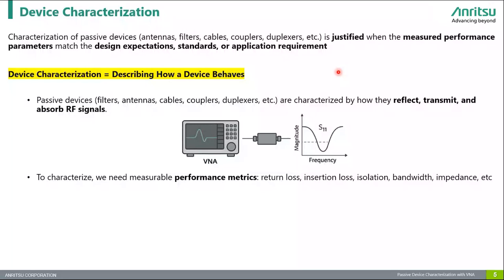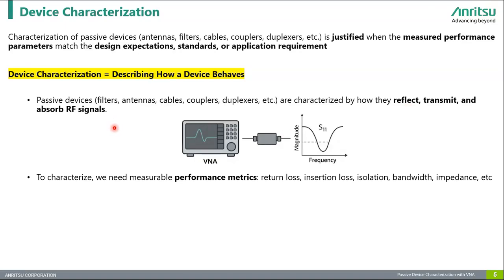or specific application requirements. This is especially important in high frequency systems where even a small mismatch can lead to significant performance degradation. Passive devices like filters, antennas, cables, and duplexers don't amplify signals, but they do affect how signals are reflected, transmitted, and absorbed.